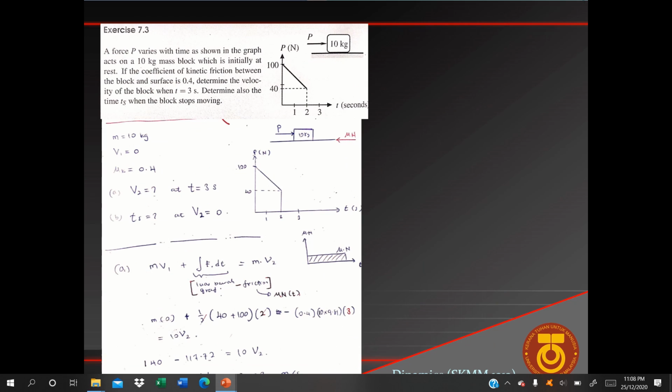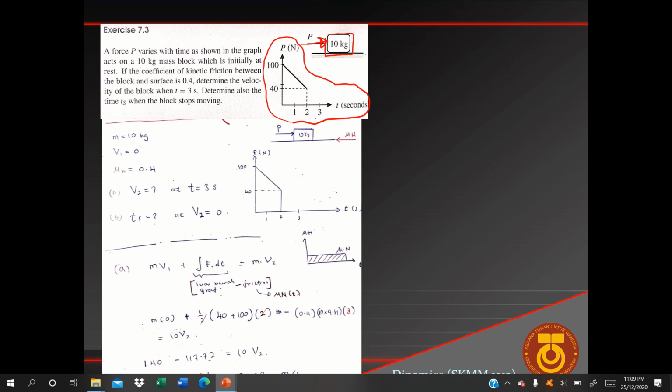So looking at this example, we have a force P that varies with time as shown in the graph. We have a component of 10 kilos being pushed by a force P, which is not a constant force but varies according to this graph.